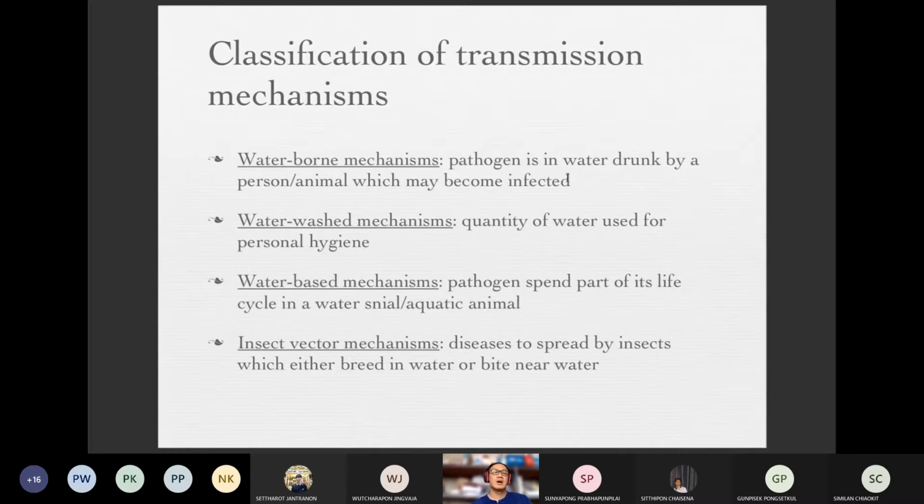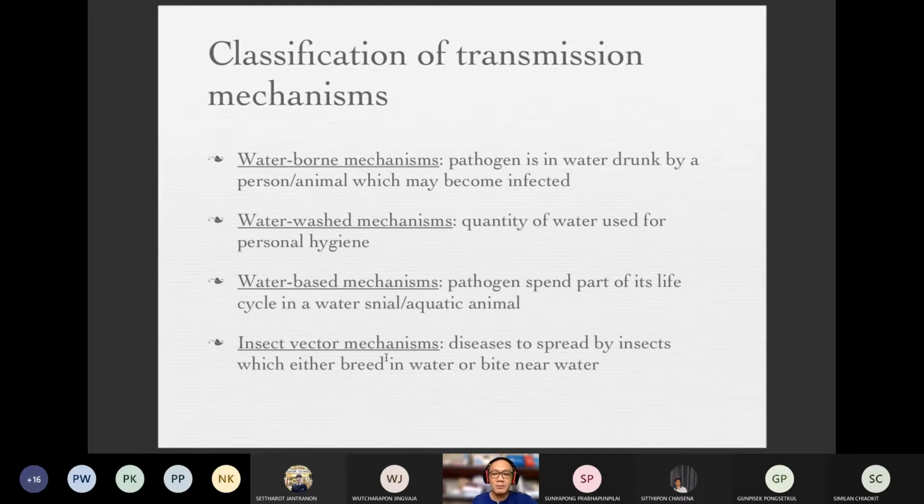If you want to avoid this kind of transmission, you should avoid eating water snails or particular types of aquatic organisms that may contain helminth eggs. The last transmission mechanism is the insect vector mechanism.